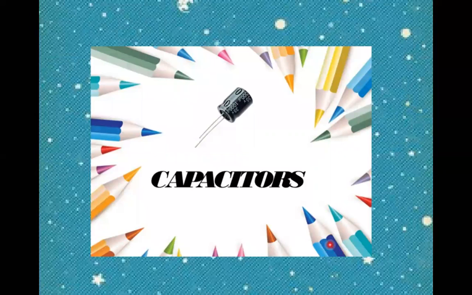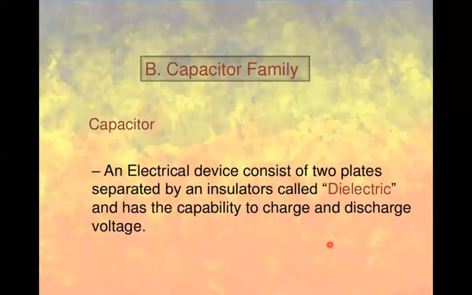Now let's understand the next passive component, called capacitors, because we have given examples of passive components as resistors, capacitors, and inductors. So the second is the capacitor. An electrical device consists of two plates separated by an insulator called a dielectric and has the capability to charge and discharge voltage.